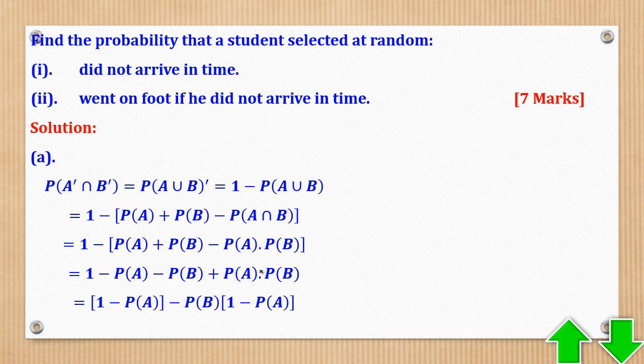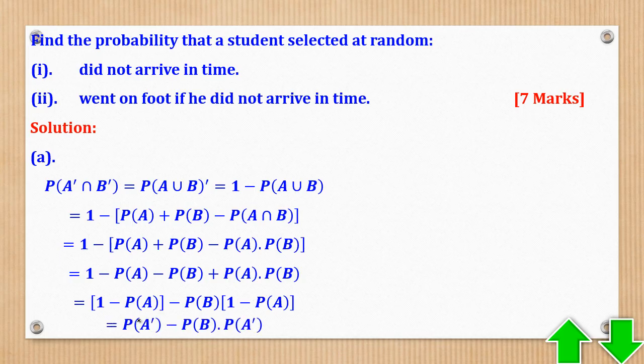Then I can combine these 2 and this and factorize. For this one, I'll come up with this bracket, then minus this. I'll put probability of B outside, and you'll come up with 1 here and minus probability of A there.